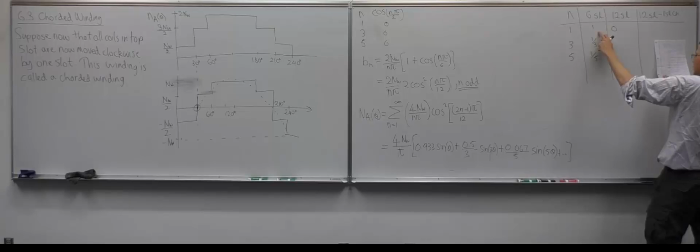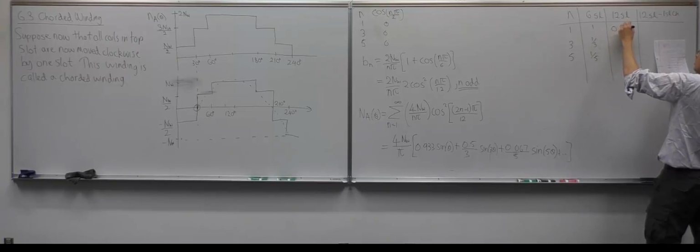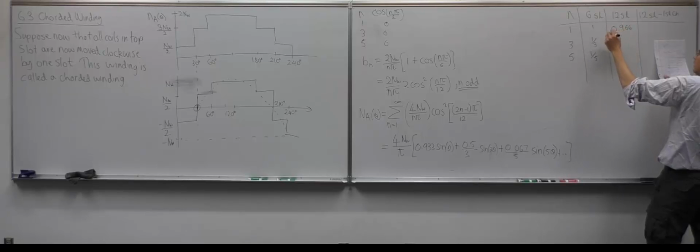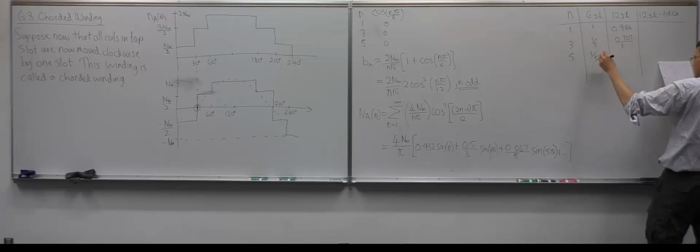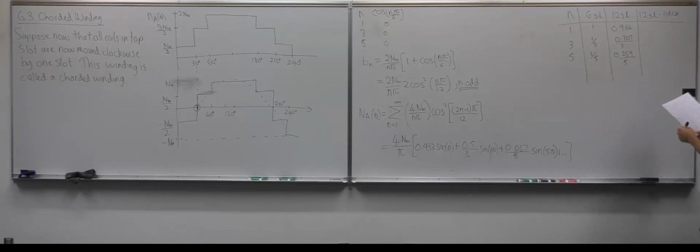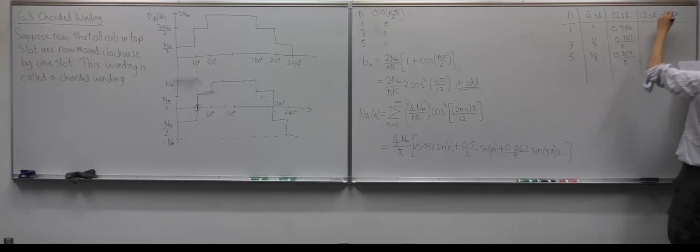The fundamental went down, so that was now 0.966, and then the third harmonic was 0.707 over 3, and then the fifth is 0.259 over 5.